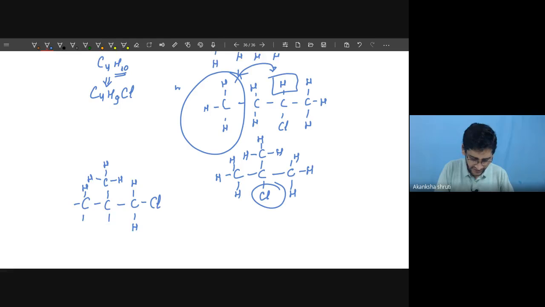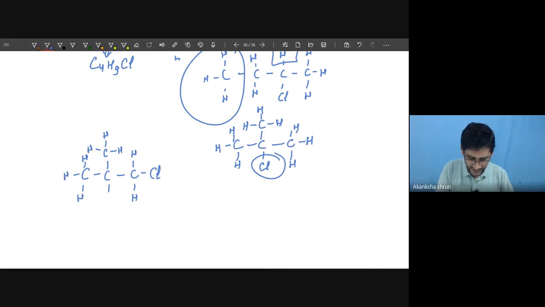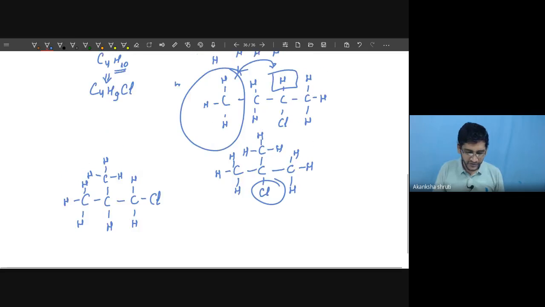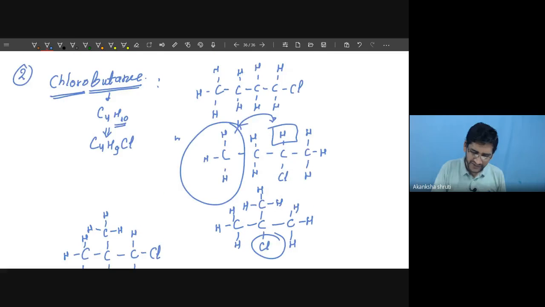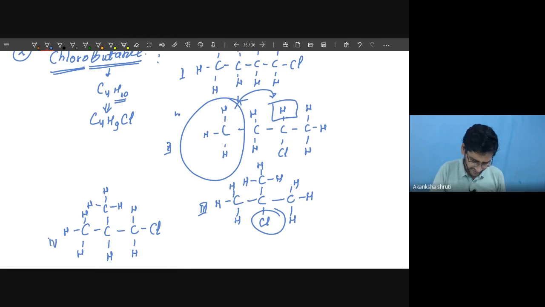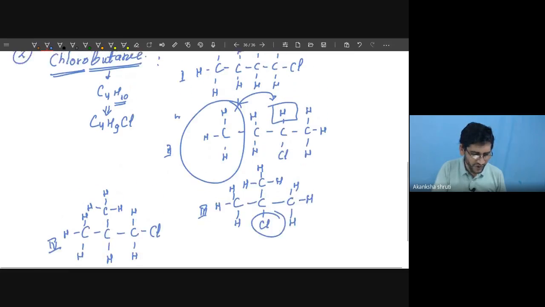How this structure is drawn, last day we discussed in much more detail. Please go through those videos. So what are we getting? This way we have obtained 2, 3 and 4. So these are the 4.